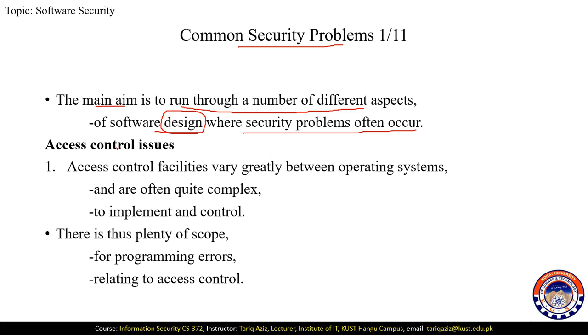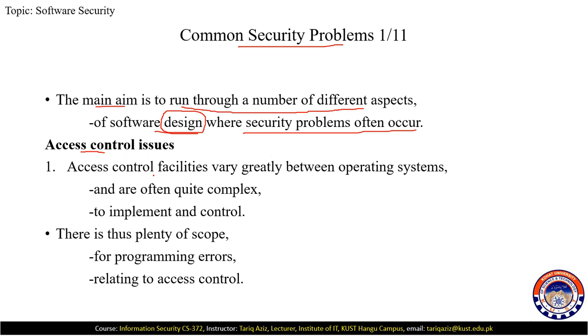So the first security problem is the access control issue. And dear students, we already discussed this issue in great detail in the previous lecture, so I would recommend that you revise your concept. But let me highlight this once again here. What are the access control issues?